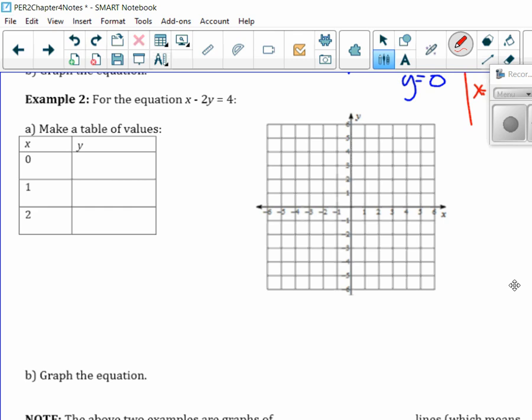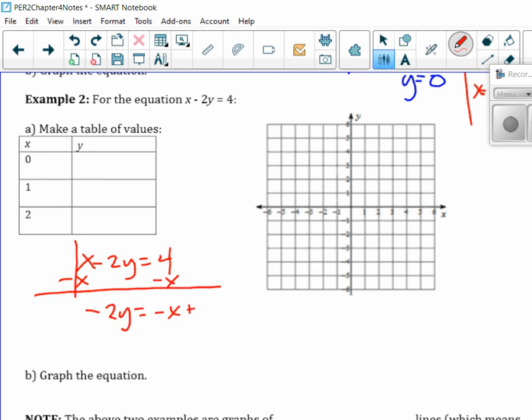Okay, so the next one, again, I'm going to show you by solving for y first. So this is pretty much option 2. So x minus 2y equals 4. Then I subtract x. Negative 2y equals negative x plus 4.